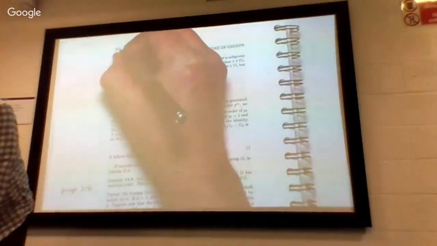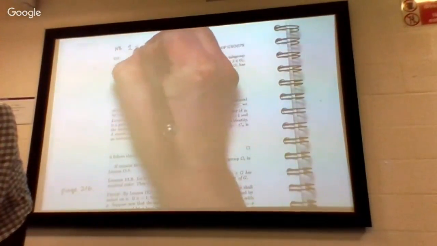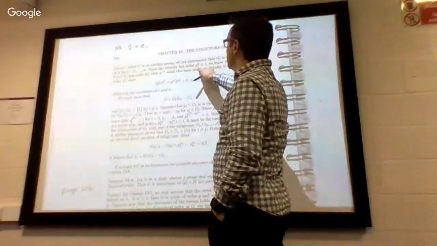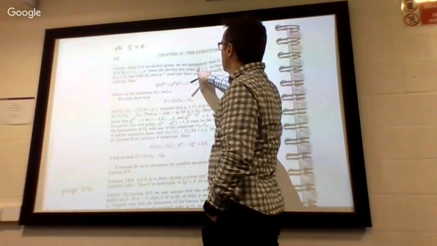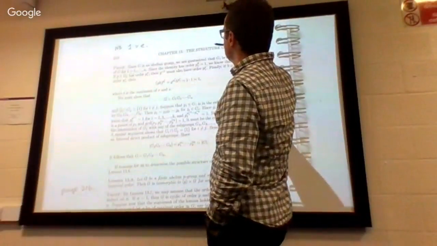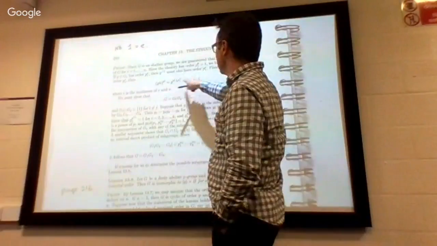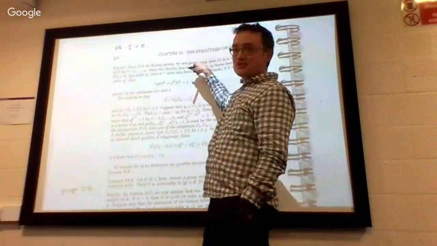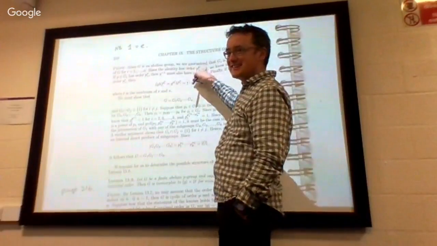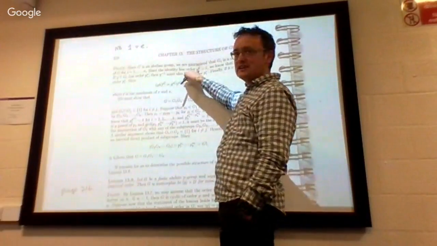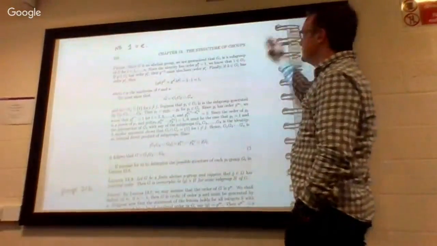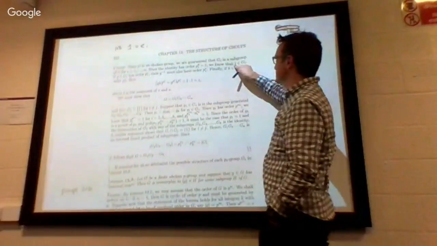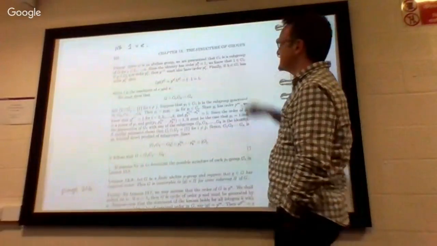Here he's just saying we know the integer 1 is a power of p_i. So that's the integer 1, and this is the group element, the identity. So the identity is in G_i.